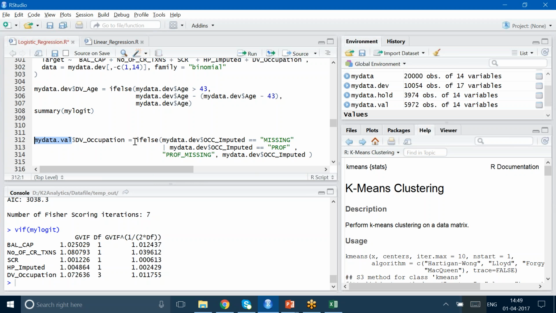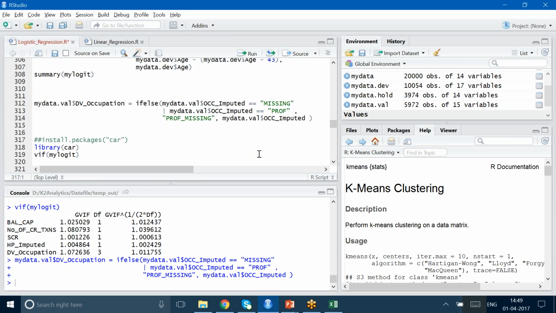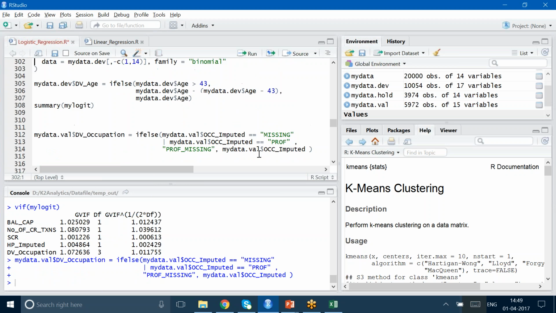Okay. I have to create this variable on the val sample. Okay. I have all the variables which are there in the val sample.